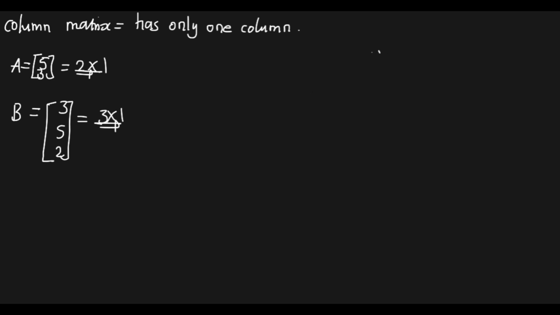Now, away from the row and column matrix, there is what we call a square matrix. A square matrix is the type of matrix where the number of rows equals the number of columns. If you have a matrix that is 2 by 2, 3 by 3, or 4 by 4, that is what we call a square matrix, since the number of rows equals the number of columns.